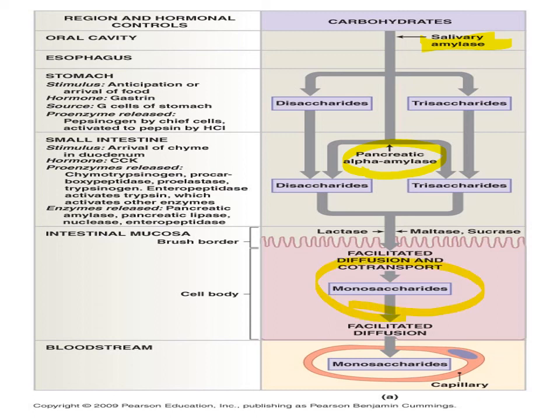And monosaccharides are the smallest sugars that are able to be absorbed through the epithelium. So the monosaccharides are absorbed through the intestinal mucosa, come through the brush border, through the cell body, and are diffused out into the capillaries, and then they are in the bloodstream and sent to where they are needed for processing.